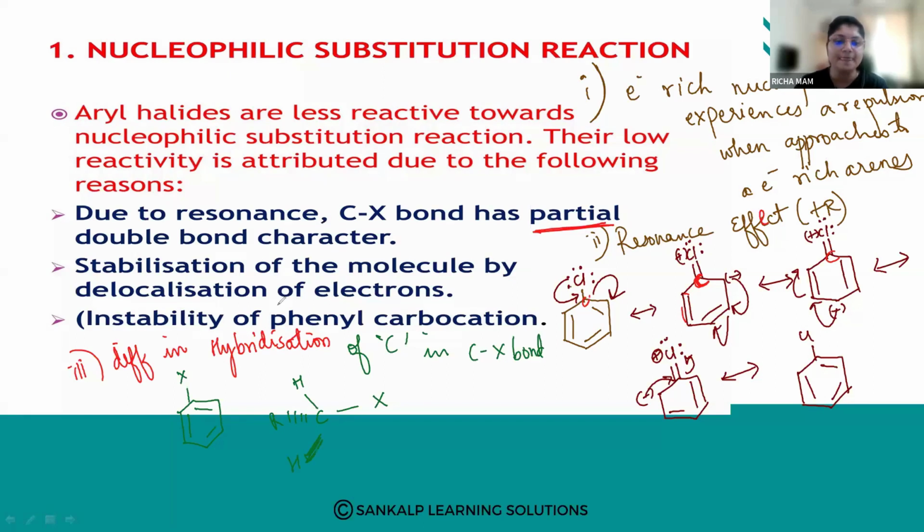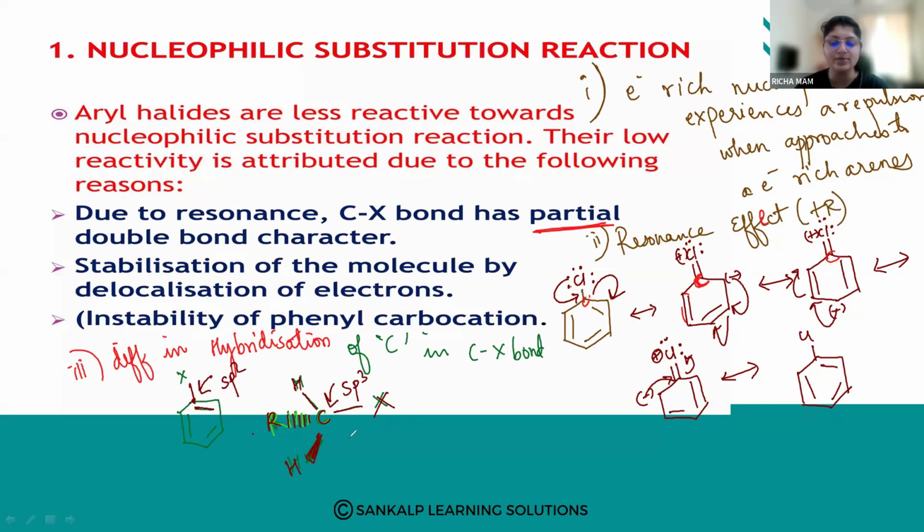Now what is the hybridization of this carbon in the haloarene? It is sp2 because it is having a double bond. And what is the hybridization of this carbon in the haloalkane? It is sp3 because it is joined by a single bond.